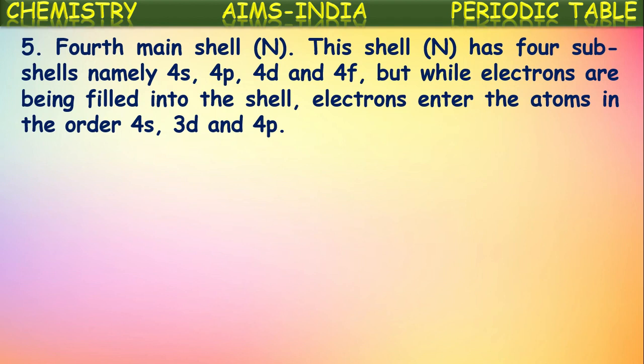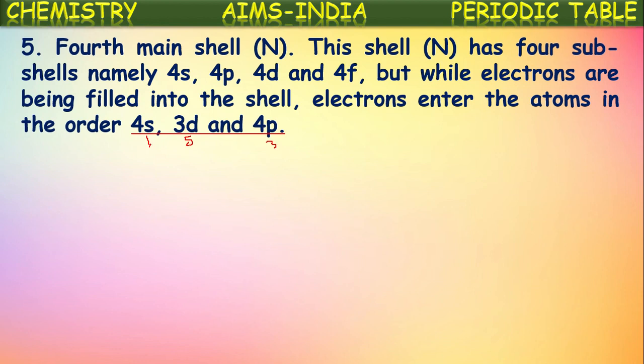Now 4f is not filled yet. After filling of 5s and 5p, this 4f is filled. Now these three are first filled here before starting the fifth shell. Now we know 4s contains 1 orbital, 3d contains 5 orbitals, isn't it? 4p subshell contains 3 orbitals.